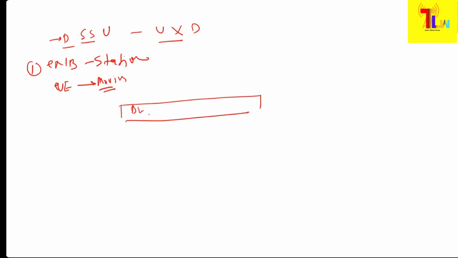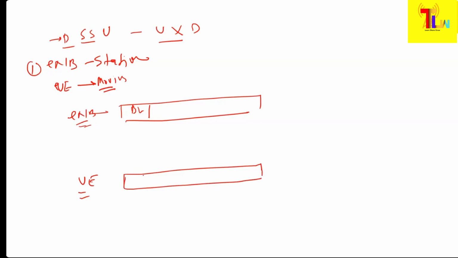Let us suppose we have subframes, because both subframes work on the eNodeB side. This is the eNodeB, and this you can consider the UE. The UE also has its own subframe; I mean, the clock runs both ways. DL, DL, then DL, then DL.